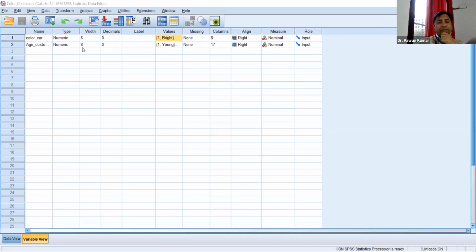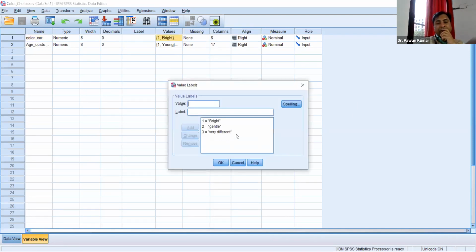So you can see here, this is called data entry, which I taught you on the second day, how to do the data entry. Whenever you are doing data entry, you know that you are going to study the association between the color of the car and the age of the customer. I have taken these variables from a questionnaire, and these are categorical, so obviously I have to define the values.